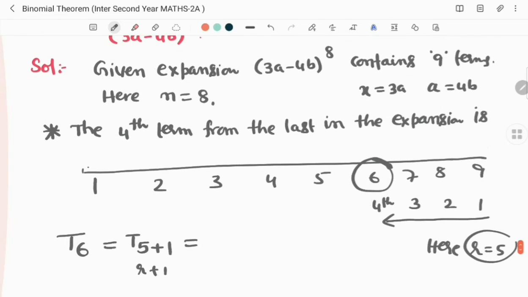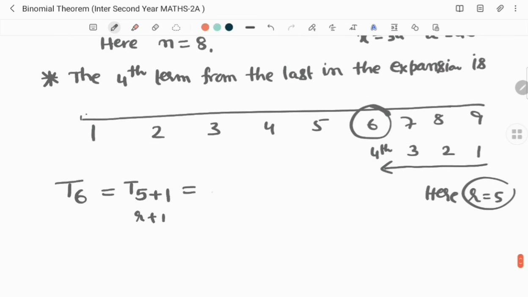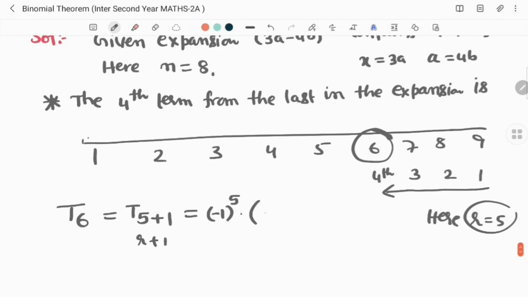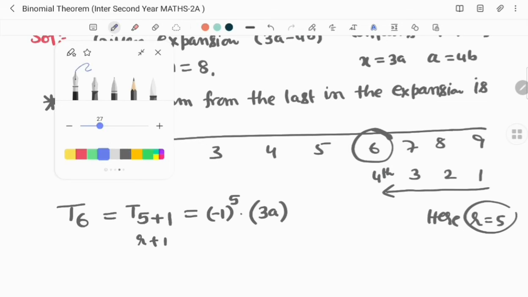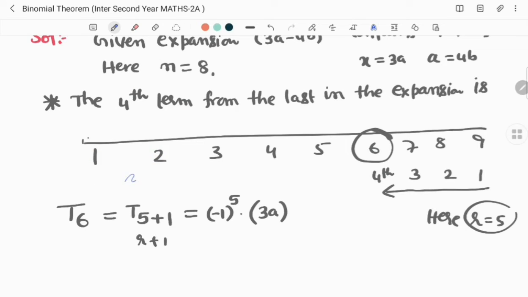So obviously this expansion contains negative, no, minus 1 whole power 5 into x power, what is x? 3a whole power, so I forgot to write nCr, sorry. Before that I will write the formula, then easy to understand for everyone. So t r plus 1 is equal to, here minus is there, means minus 1 whole power r nCr x power n minus r a power r.